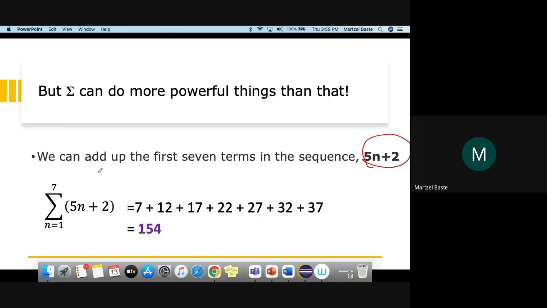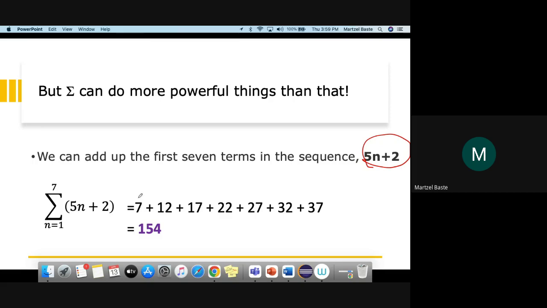How do we come up with 7? We come up with 7 because we start with n equals 1, and then substitute the value of 1. So that is 5 times 1 plus 2, which is 5 plus 2 is 7. So that's the first one.